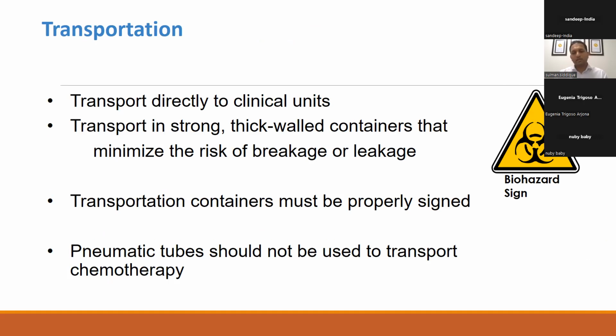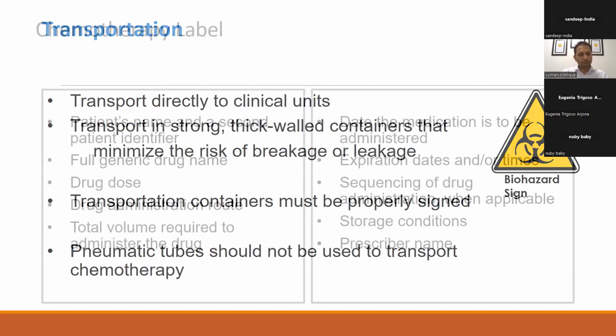Transportation containers must be properly signed. You can see this biohazard sign image here. This should be on the container in which it is transported. Pneumatic tubes should not be used because there's high risk of breakage and damage in the pneumatic tubes.